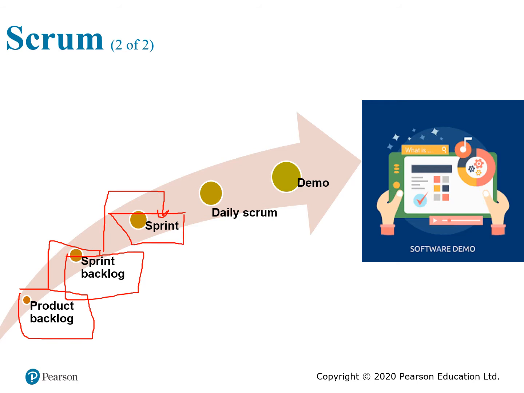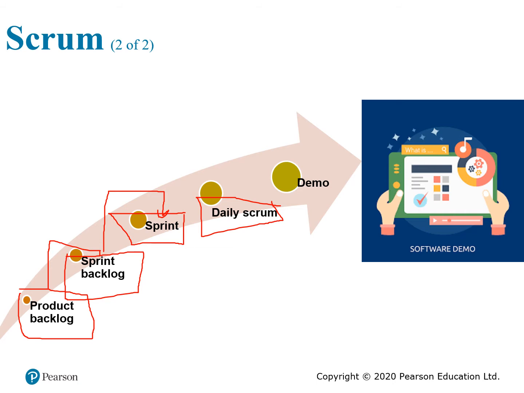In this phase, we have the technique of a 30-day time frame, in which the development team transforms the backlog into software that can be demonstrated to the customers. And then we have the daily Scrum. The daily Scrum is basically a brief meeting in which communication is the number one role.